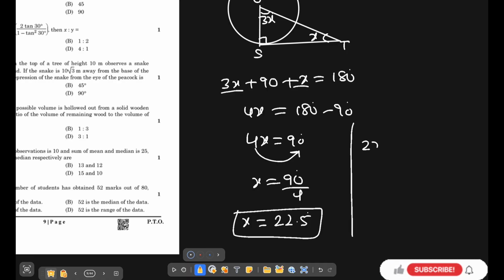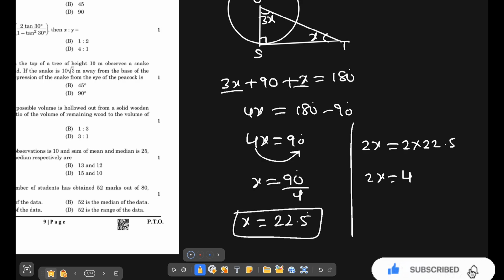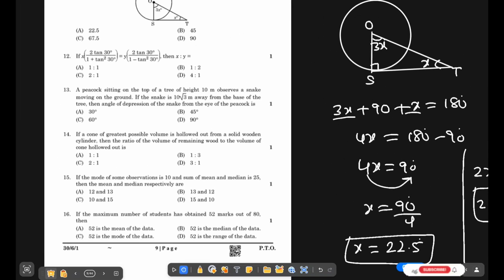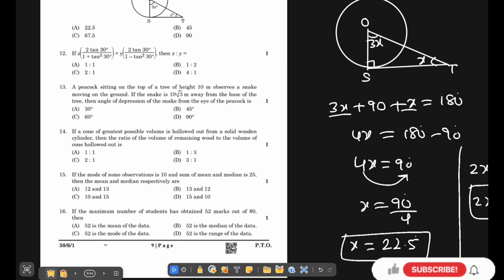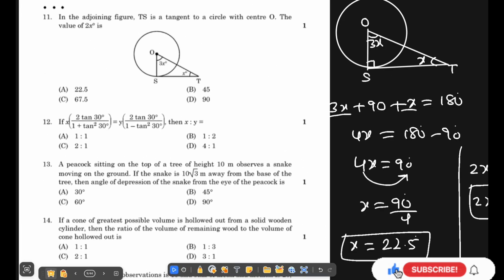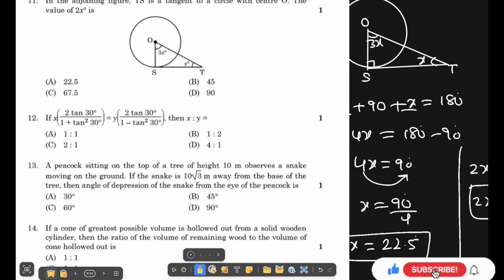We need to find 2x. So 2 into 22.5, this 2x is equal to 45 degrees. So 45 degrees. Let's see which option is right. So here option B is the right answer.